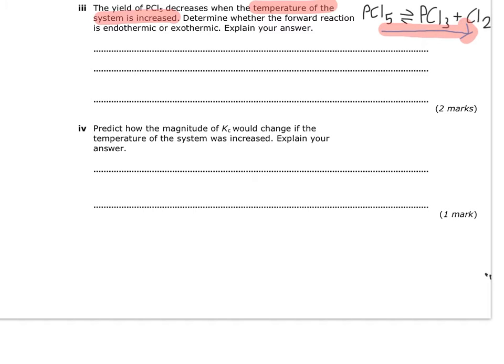So the forward reaction is favoured when the temperature of the system is increased. So if hotter temperatures favour the forward reaction, that must mean that the forward reaction is endothermic, which is one thing you can put in, because they ask you in the question whether the forward reaction is endothermic or exothermic. Well, I think we've just thought that through.